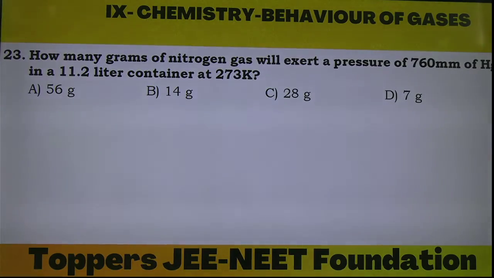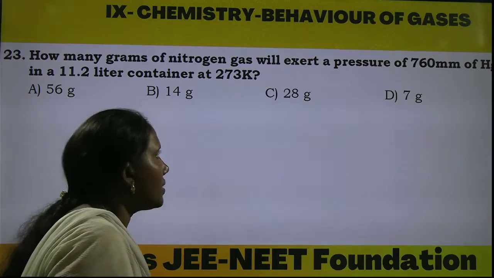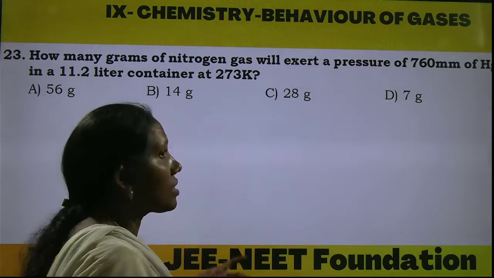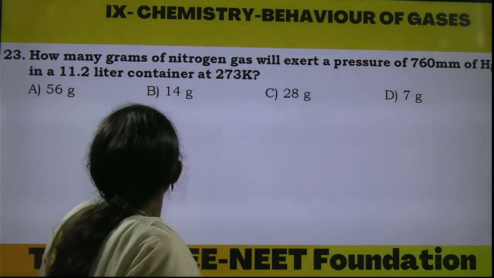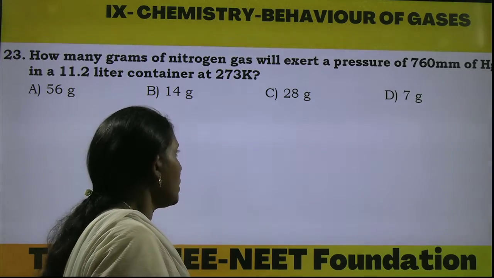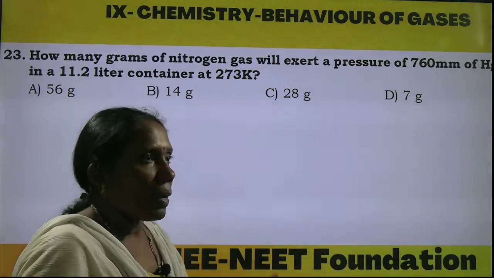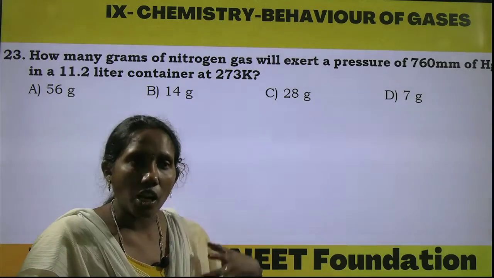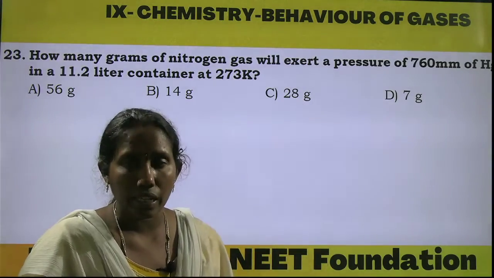How many grams of nitrogen gas will exert a pressure of 760 mm of Hg in a 11.2 liter container at 273 Kelvin? By reading the problem we have to understand what data is given first.